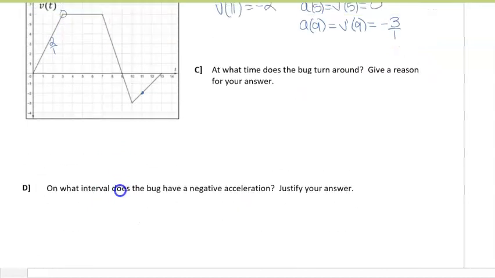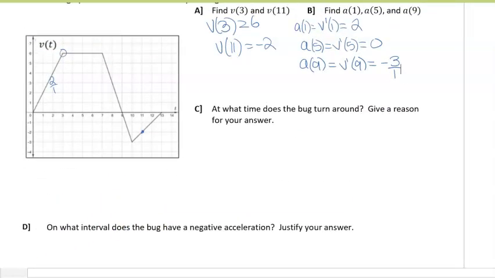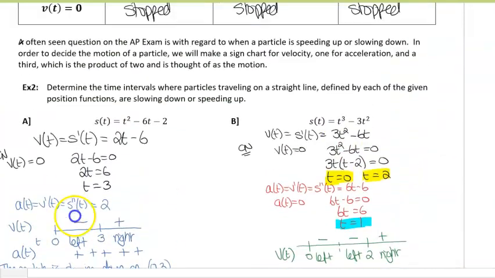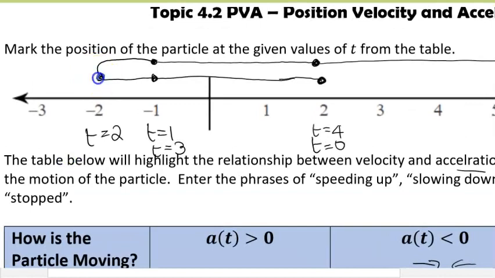Okay, part C. At what time does the bug turn around? Give a reason for your answer. So we know back here when we did this part, at negative 2, the bug turned around, or the particle rather turned around because it moved from going left to going right. How do I know that? Because the velocity went from negative to positive.